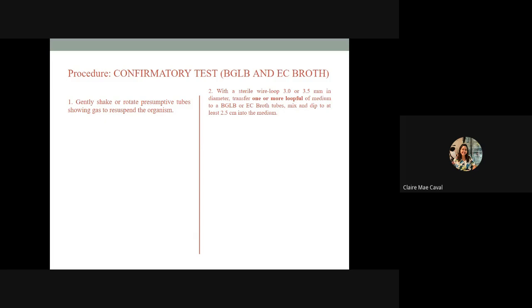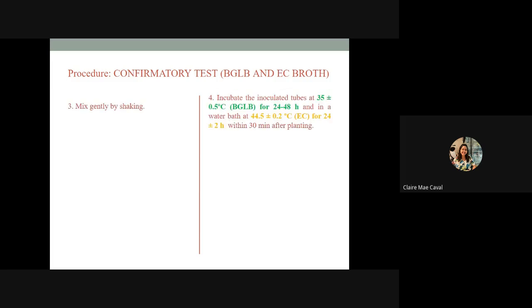And then you mix and then you incubate it at 35 degrees Celsius. So dito na pumapasok 35 degrees Celsius for 24 to 48 hours for your BGLB. Kasi in your total coliform, again 35 degrees Celsius pa rin for 24 hours. But if negative sa 24 hours, i-further incubate natin to another 24 hours, making it a total of 48 hours. So the same lang siya kay LSB.